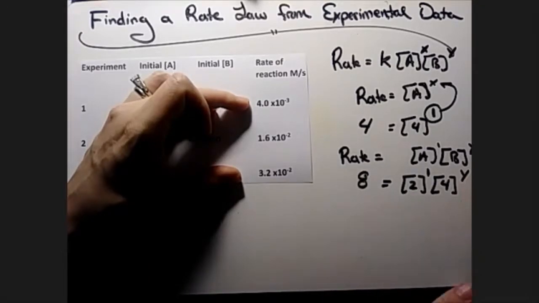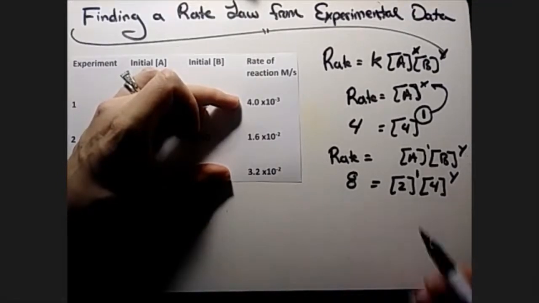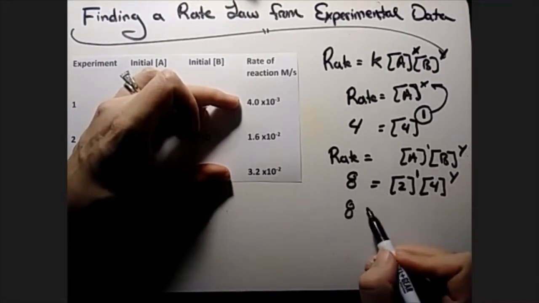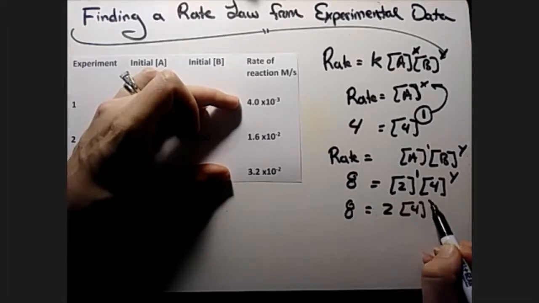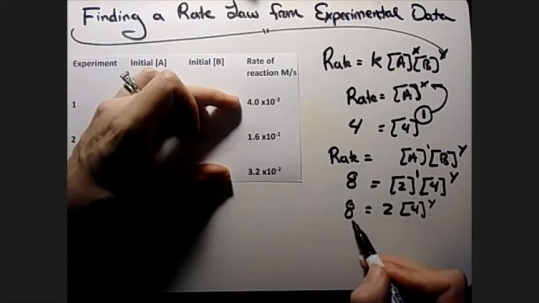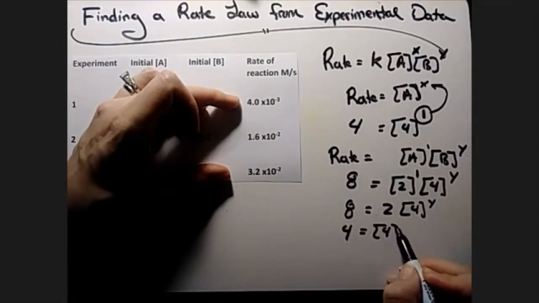So now I just have a little bit of math left over to do, and luckily it's pretty simple. So I know 8 is going to equal 2 times 4 to the y. Let's divide this 2 over. So 4 equals 4 to the y. Well, this exponent only makes sense as being one thing, a 1.